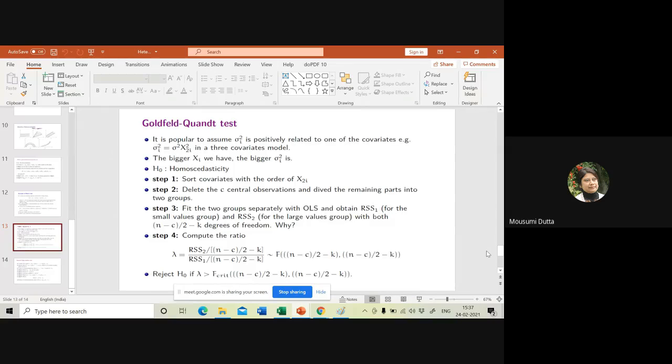So, for example, in the slide, if I consider x2i as the variable concerned, in that case, we will organize the data following the values of x2i. So reorder the observations in the increasing order of xij.